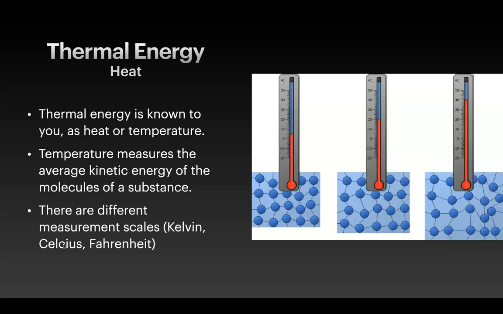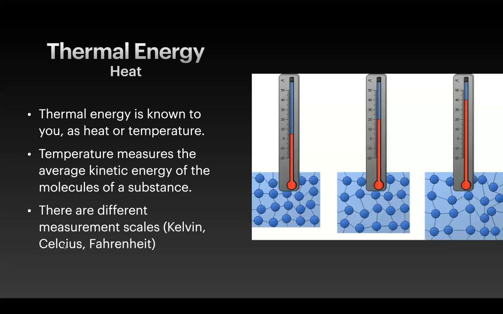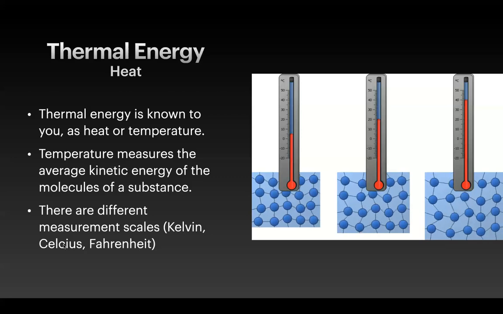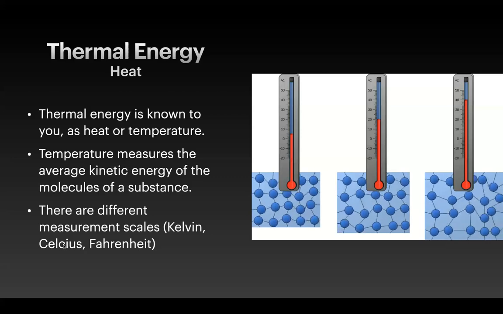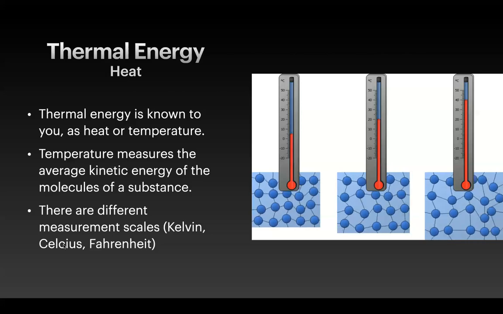I don't remember the story behind the Fahrenheit scale that we use, but at 32 degrees Fahrenheit, water freezes instead of 0 for Celsius, and then water boils at 212 degrees Fahrenheit instead of 100. So it's a different label essentially, but they all measure the same thing. So I don't want you to think Celsius and Fahrenheit and Kelvin are measuring different things. They're all measuring temperature. It's just a different scale.